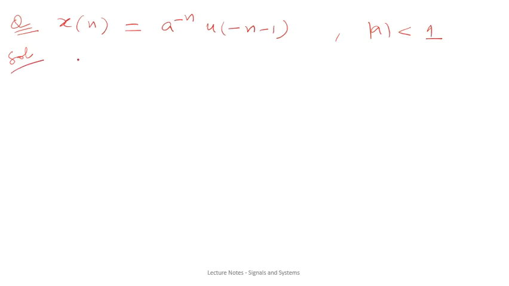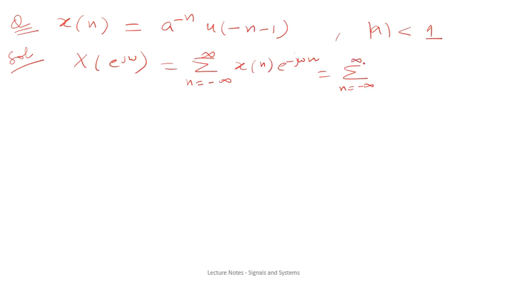So again you just start by writing down the expression for the Fourier transform, and then put the values here, that is whatever signal is given to you in the problem, put in place of x[n].